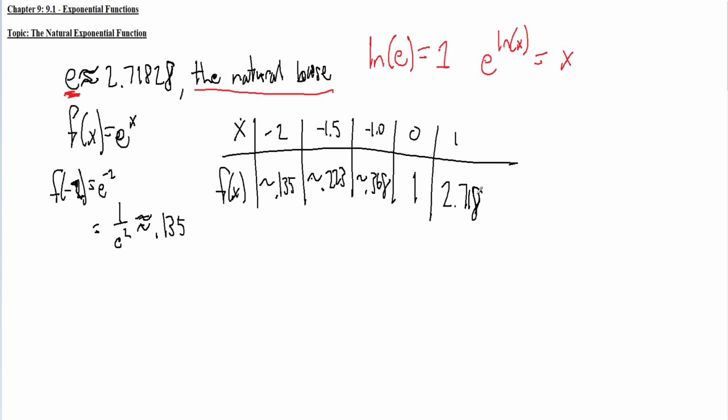Okay, and then now what we want to do is take these values and graph them. So create my axes here. I have my y-axis and then my x-axis. We want to go about up to 3, so 3 tick marks is okay.